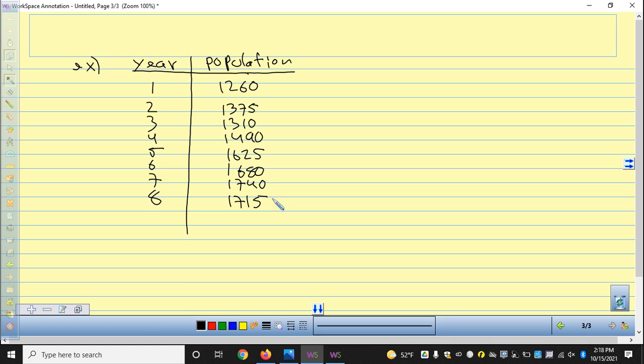So there's our data that we collected. Now we'll make our scatter plot. So this is our population, and this is the year. I'm going to label the x-axis by ones. And these are pretty big numbers.